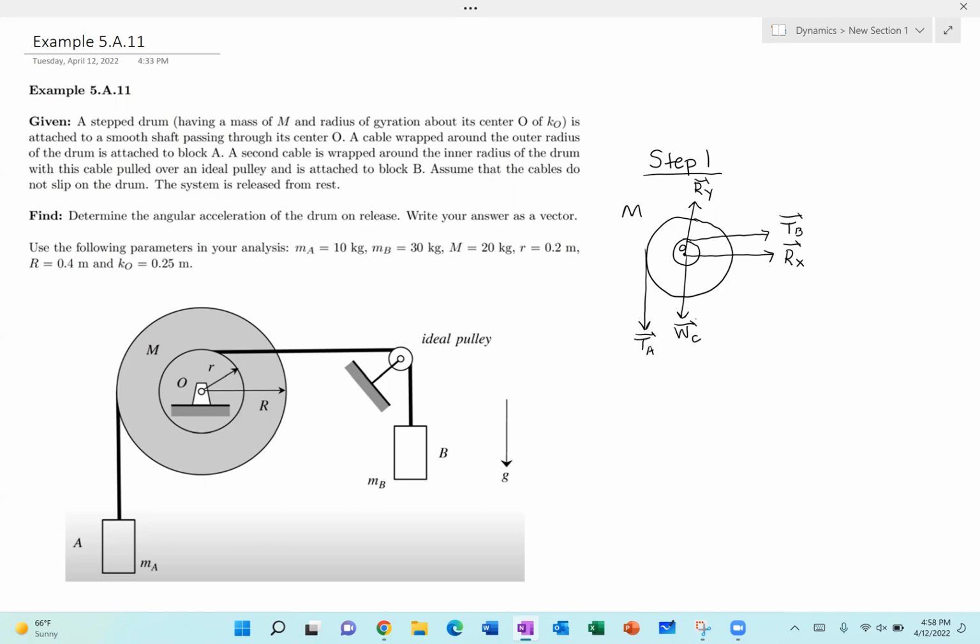This is the free body diagram of body M, and you can see the reaction forces at O, the tension in cable B, A, and you can also see the mass center weight force.